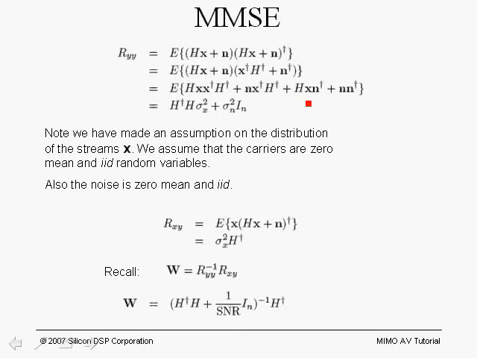This term also drops out, and the expected value of NN Hermitian is just a diagonal matrix, sigma n squared times I n.